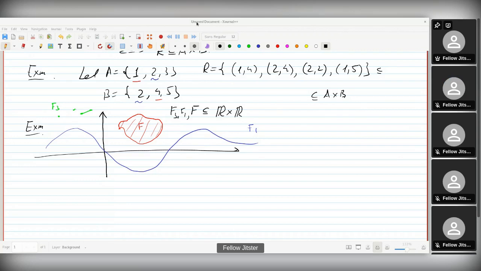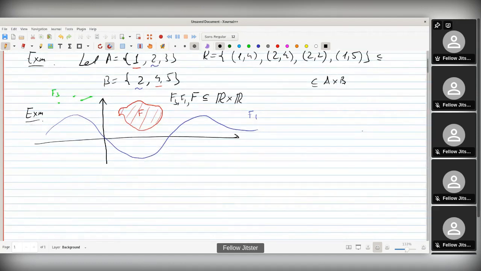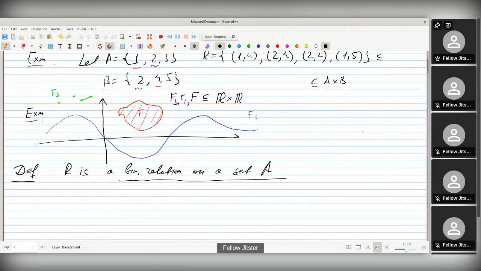Let us have more examples. We say that R is a binary relation on a set A if and only if R is a binary relation between A and itself.